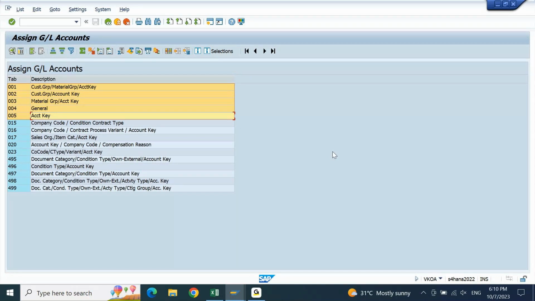C001 will be the table for the first one. C002 will be the table for the second one. C003 will be the table for the third one. C004, C005. For FI-MM integration, only one table, T030. For FI-SD integration, there are 5 tables, C001 until C005, each table for the respective key combination.